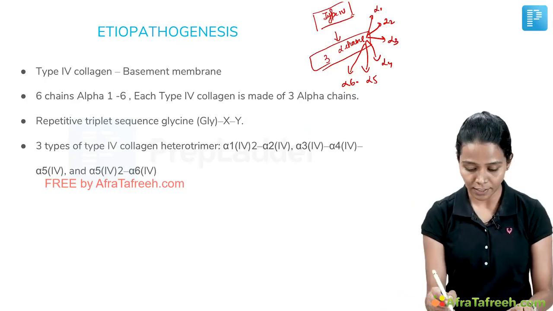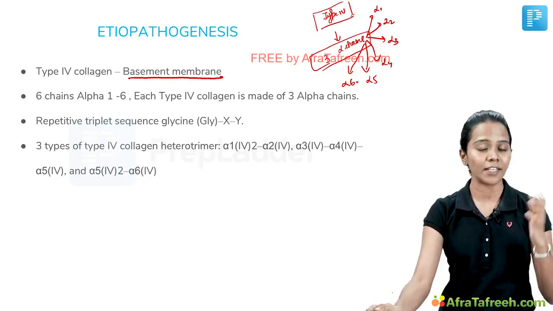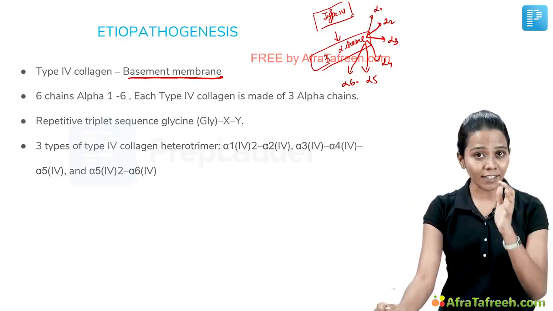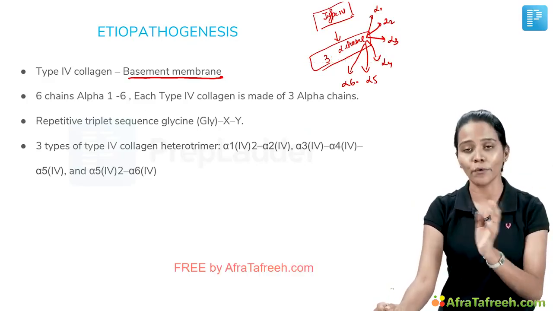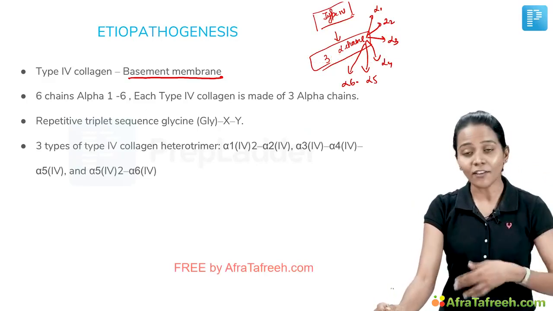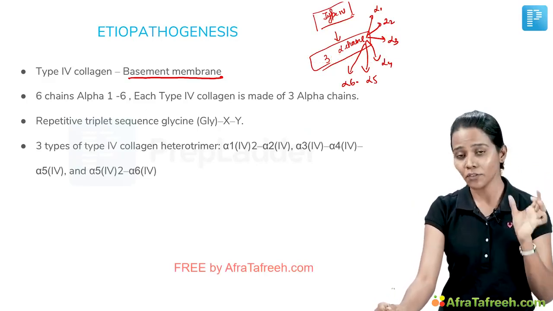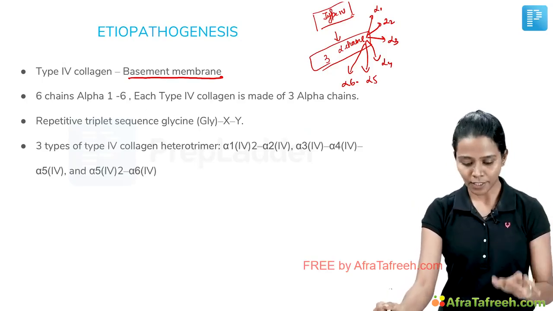This type of collagen is present in the basement membrane. Earlier when I told you it is mostly a disease of the glomerular basement membrane, I was just telling the kidney part of it, but it can involve the basement membrane of the ear and of the eye also. That is how it affects the other organs also. So this is type 4 collagen of the basement membrane in the kidney. I hope that is clear.